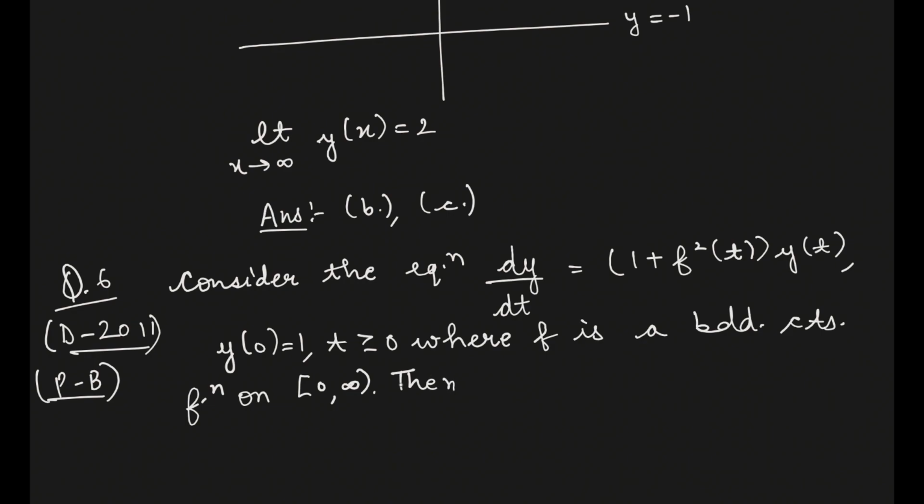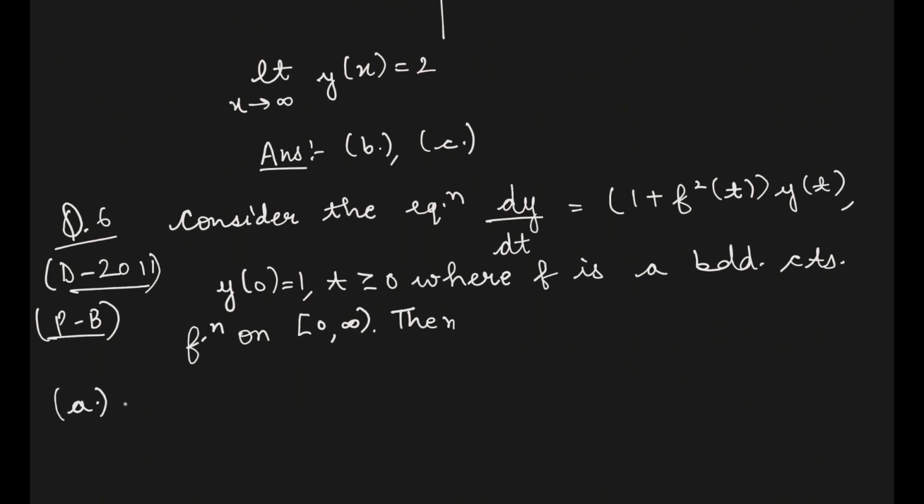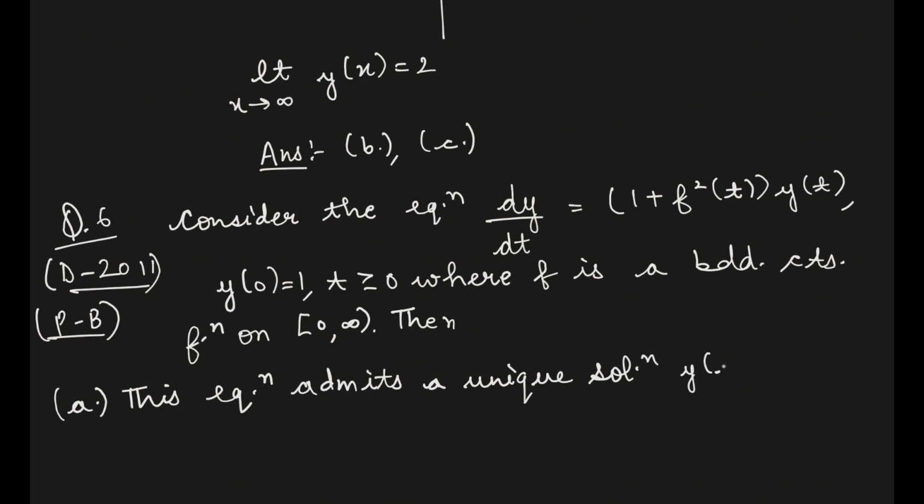Then option A: this equation admits a unique solution yt, and further limit t tends to infinity exists and is finite.